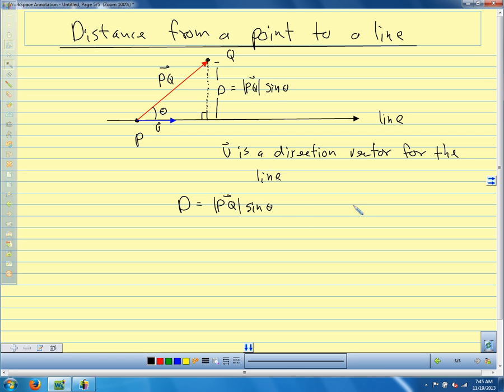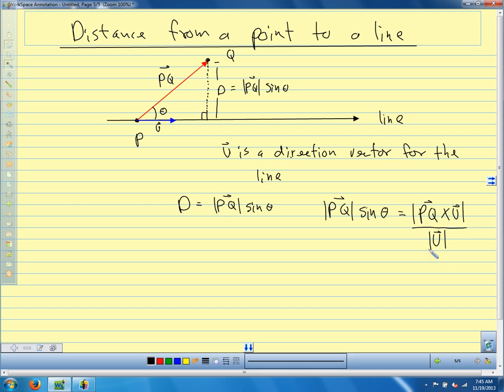The magnitude of PQ times sine of theta is the magnitude of PQ cross U divided by the magnitude of U.